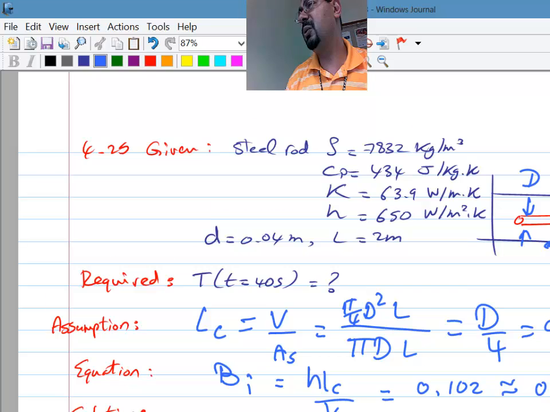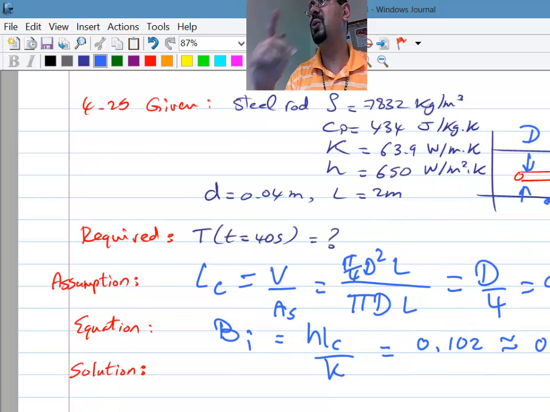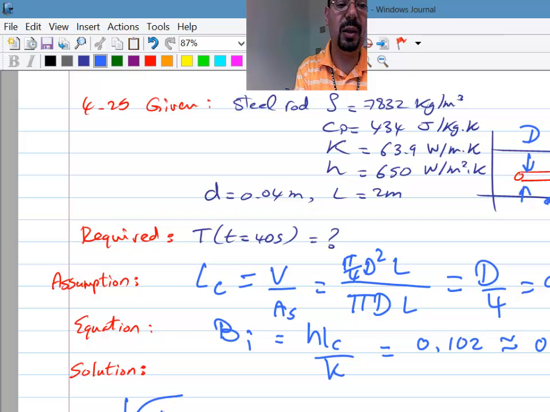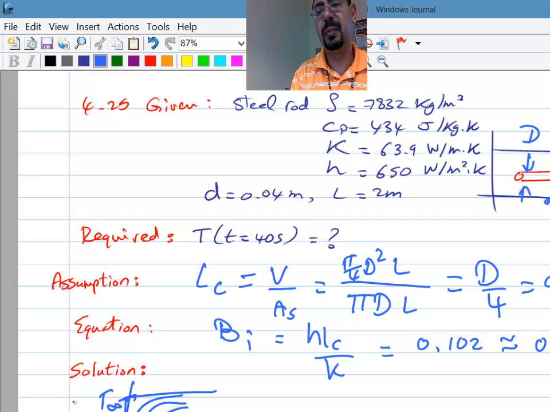Okay, so there was only one equation that we saw, (T minus T infinity) over (Ti minus T infinity) equal to e to minus bt, remember? That is the equation describing that curve that we have seen, where things are rising from Ti going all the way to T infinity as a function of time.